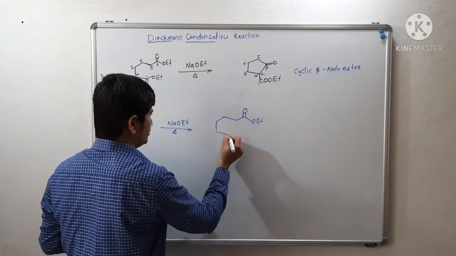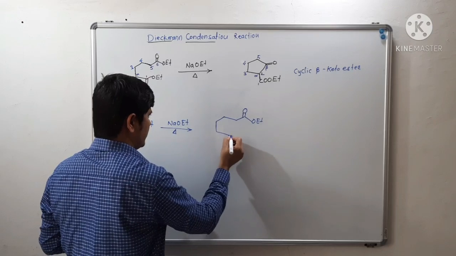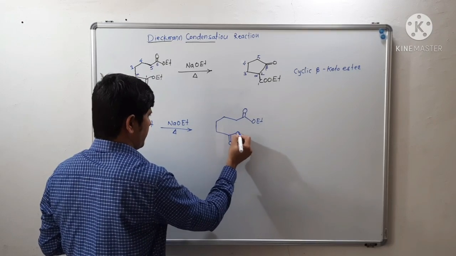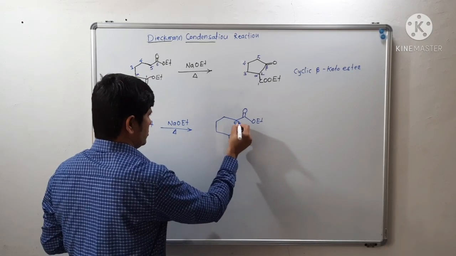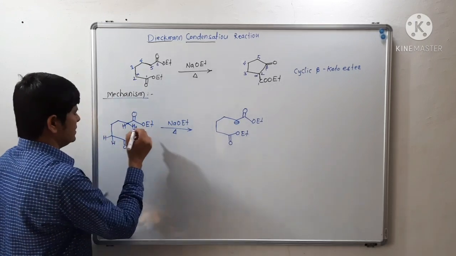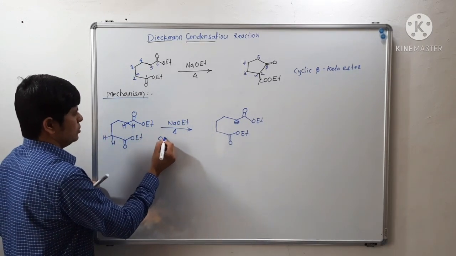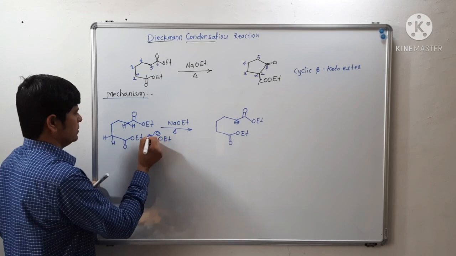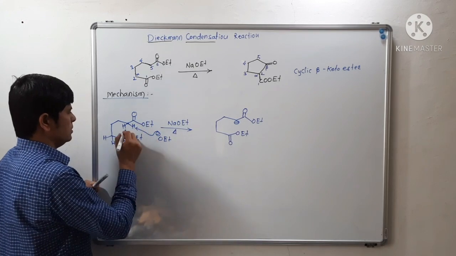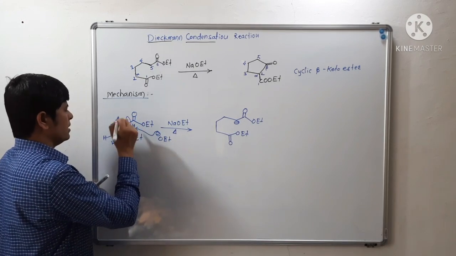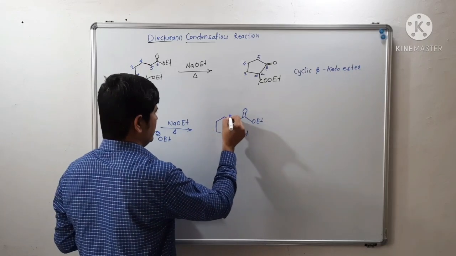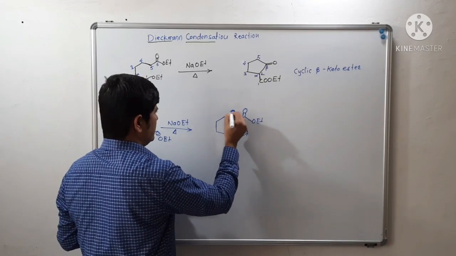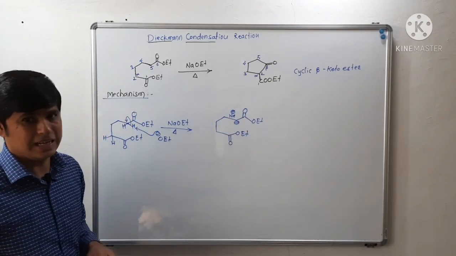There is formation of a carbanion, as this alpha hydrogen atom is abstracted by sodium ethoxide, and that will have a counter ion, Na plus.